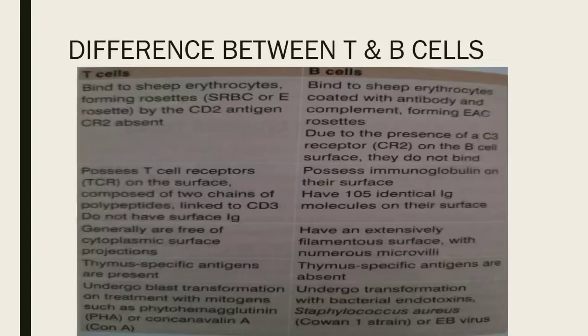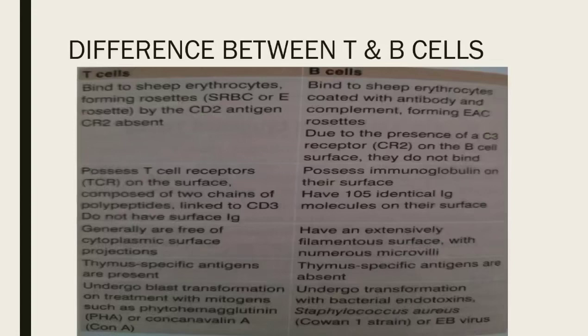Now, T cells are generally free of cytoplasmic surface projections, and B cells have an extensively filamentous surface with numerous microvilli. In T cells, thymus-specific antigens are present, and in B cells thymus-specific antigens are absent.